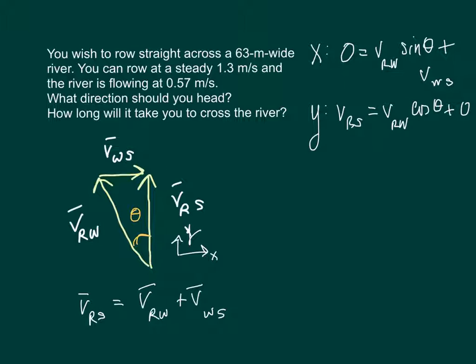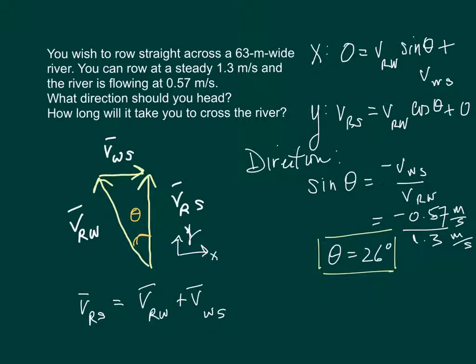Our first question is, what direction should we take? So we want to solve for theta. Let's use the x component equation to solve for theta. We'll just rearrange this, isolating and solving for sine theta. Doing that, we get this expression.